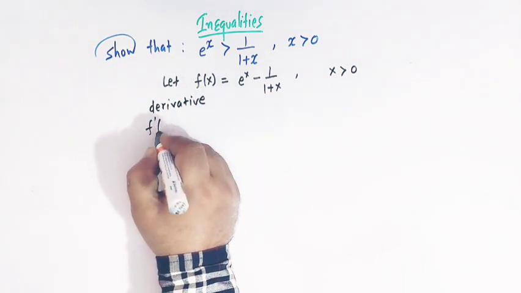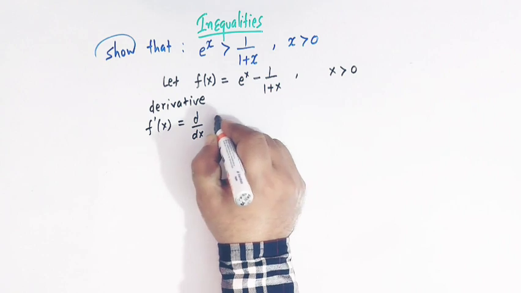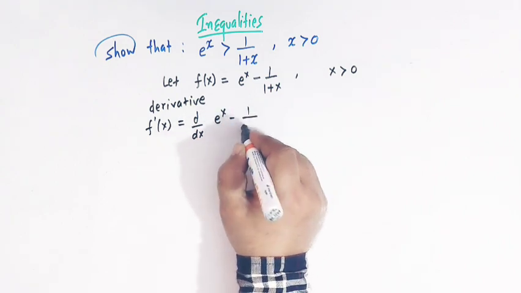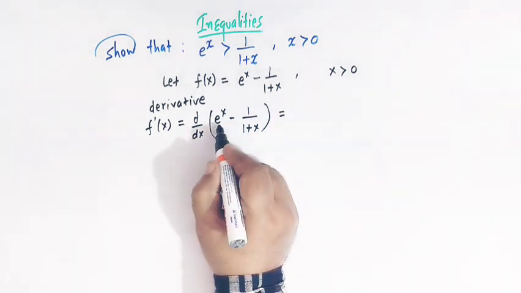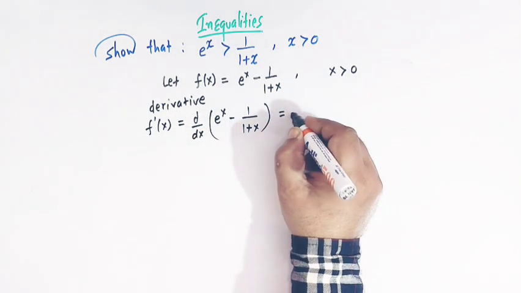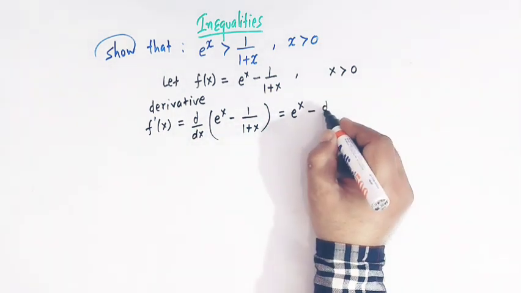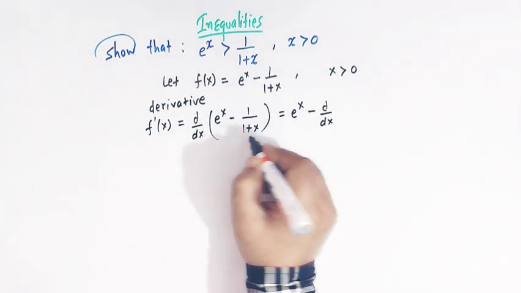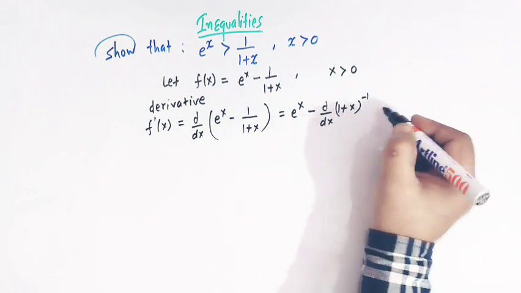So f prime of x is given by the derivative of e raised to x minus 1 over 1 plus x, right? Now see, the derivative of e raised to x is simply e raised to x, and then we have the derivative of 1 over 1 plus x, which is 1 plus x raised to minus 1.